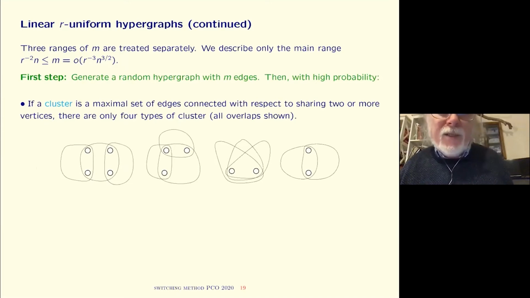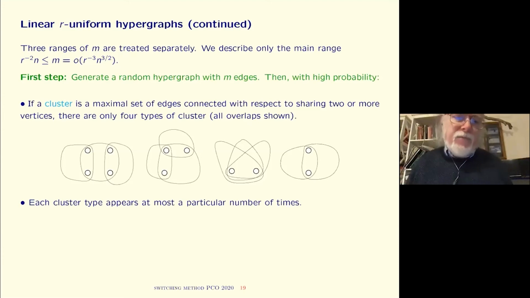There's not supposed to be any of these except for single edges in a linear hypergraph, but here we've generated just a random hypergraph, and so we get some clusters. The first thing is that there's only 4 types that are likely to occur with high probability. For each of these types, there's some number, and with high probability, we don't get more than that many clusters of that type. There's a different bound for each of the 4 types.